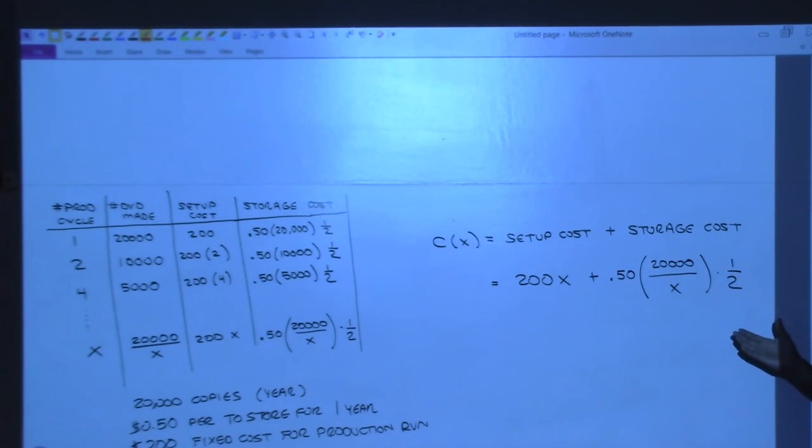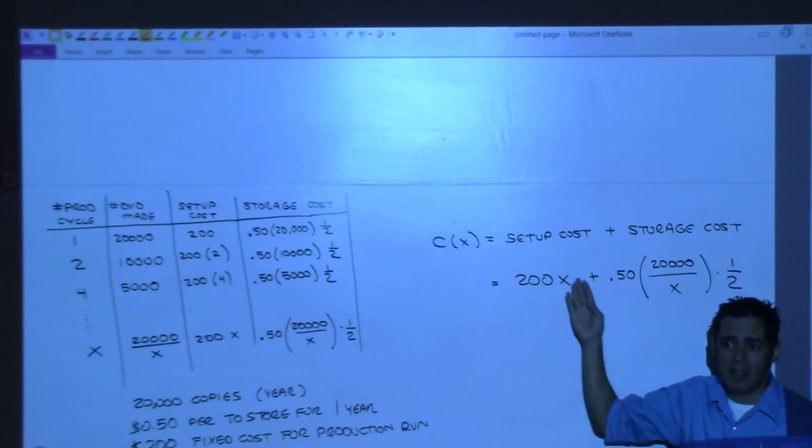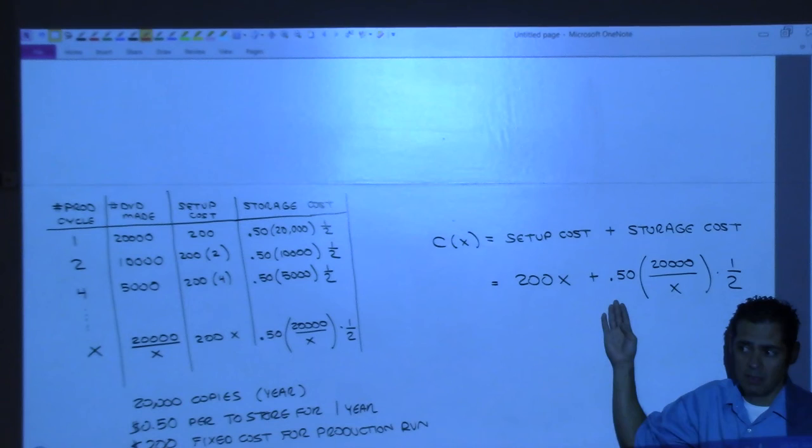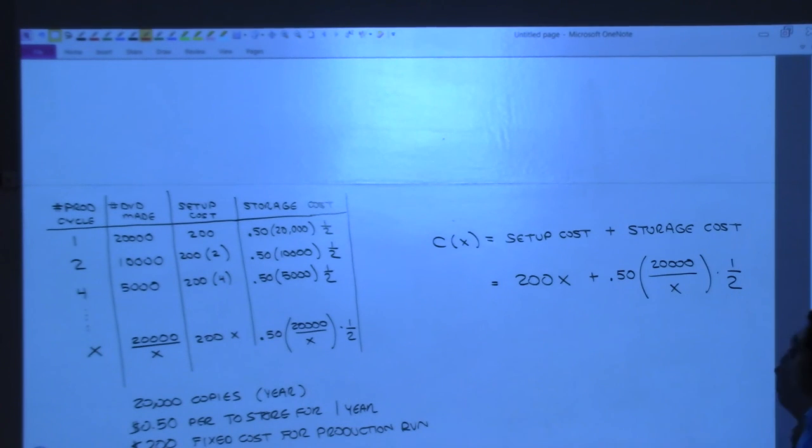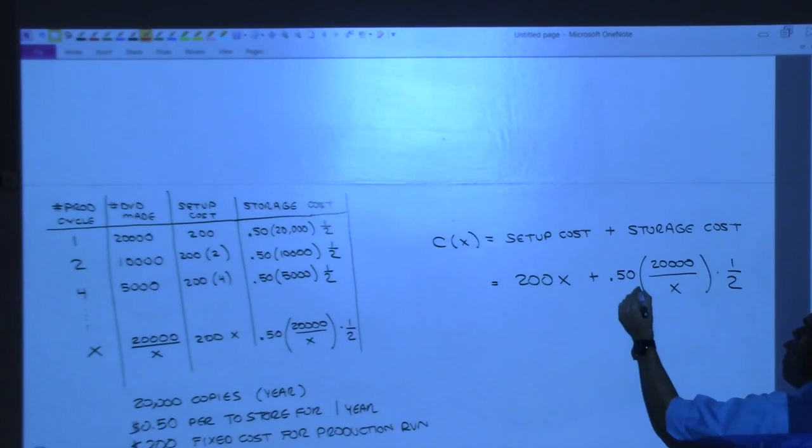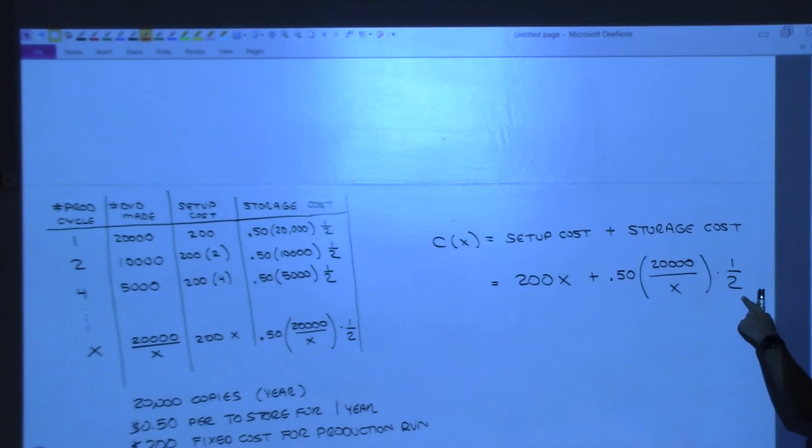What is X here? Tell me what X is again? The number of production cycles, right? So my cost is totally determined by the number of production cycles I run. Right? Now let me clean this up. I wanted you to see that 0.5 is really a half, isn't it? And a half times a half is a fourth.